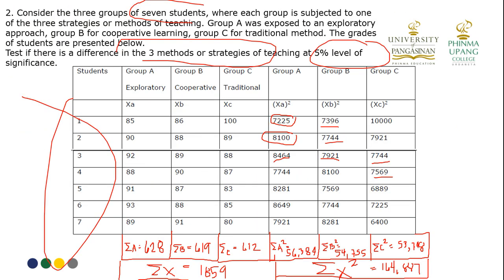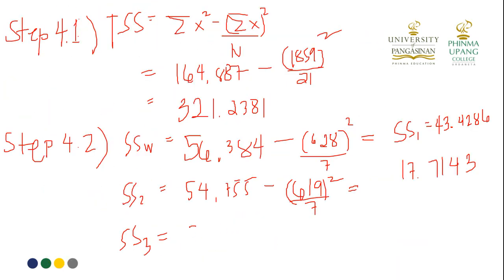Next, punta tayo sa last, 53,748 minus 612 squared all over 7. Ilan yun? 241.7143.